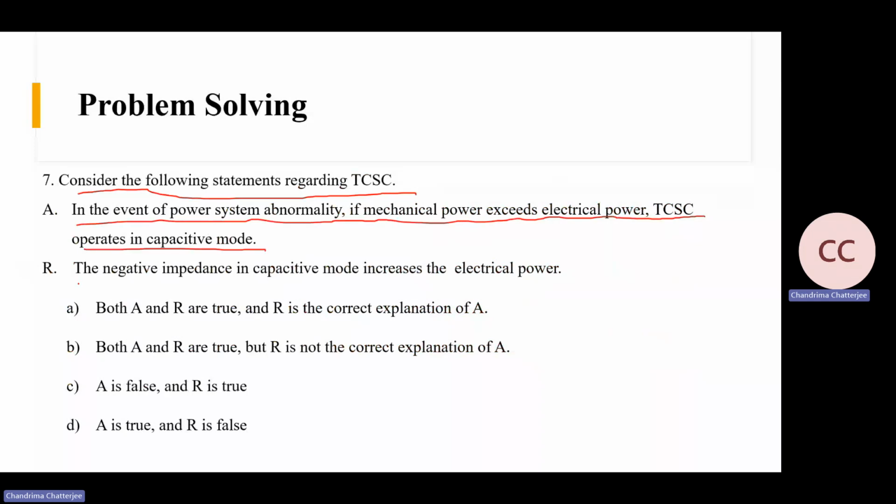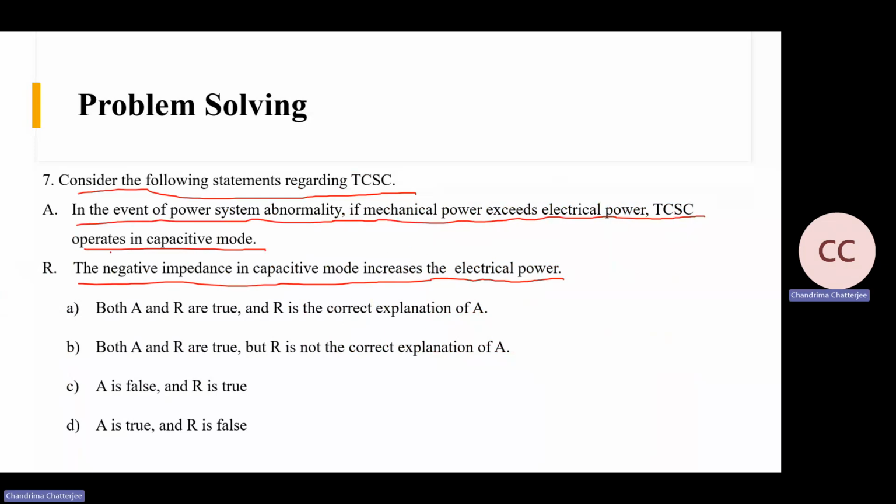The next statement is, the negative impedance in capacitive mode increases the electrical power. Okay. So in the application of TCSC, we saw that it contributes in damping the oscillations, and it also contributes in extending the transient stability. It improves the transient stability.